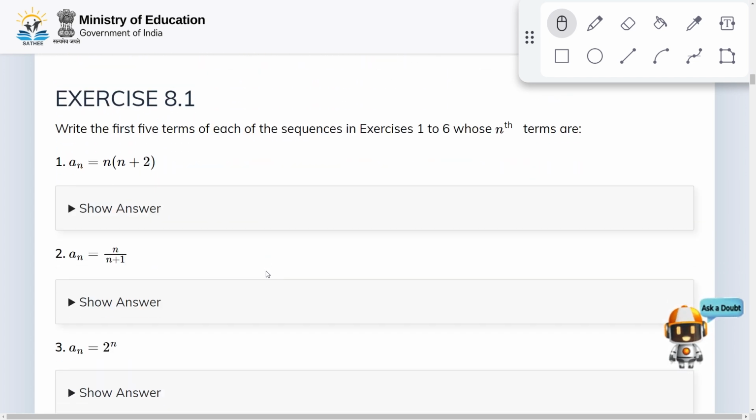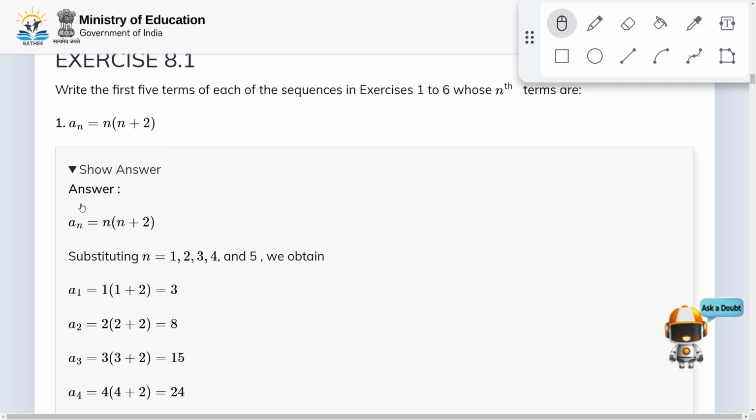Now, exercise 8.1. Let's see the solution quickly. Write the first 5 terms of each of the sequences in exercises 1 to 6, whose nth terms are given. First, an equals n multiplied by n plus 2. You just have to write the first 5 terms, so n equals 1, 2, 3, 4, 5.